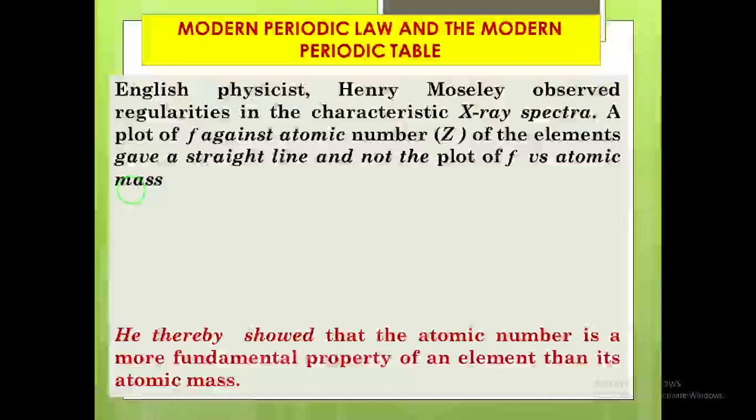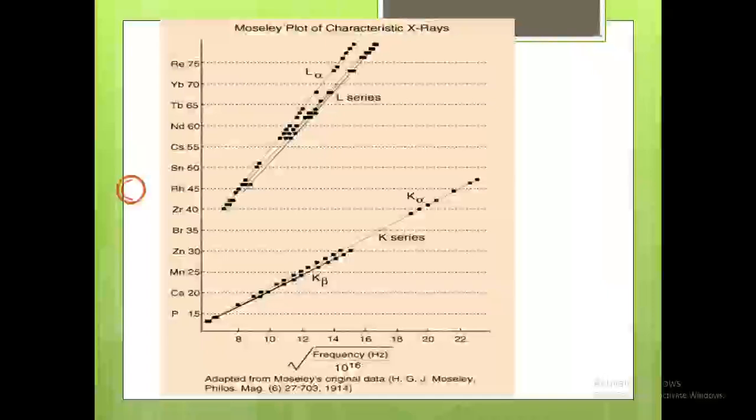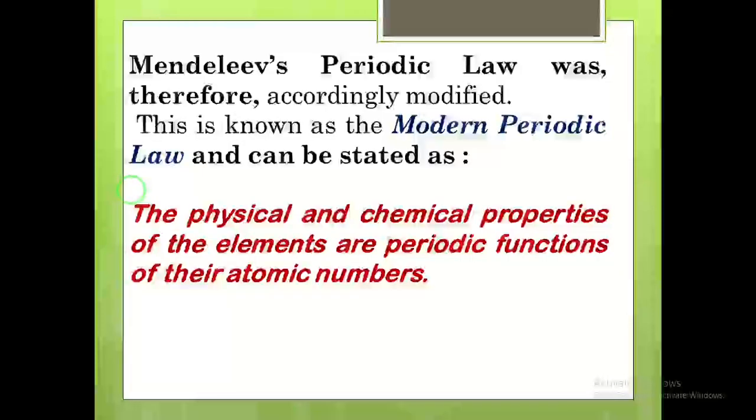Making use of atomic mass to classify elements would have resulted in mistakenly classifying isotopes as different elements. But with the atomic number, we can be saved from that mistake. So this is Moseley's plot of the frequency and the atomic number in 1914.